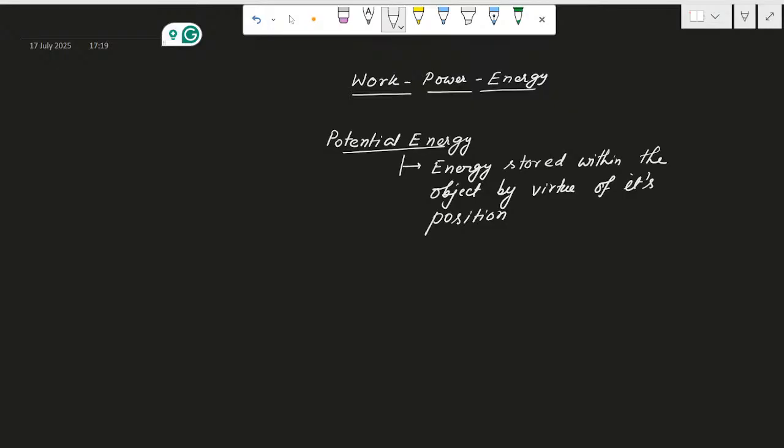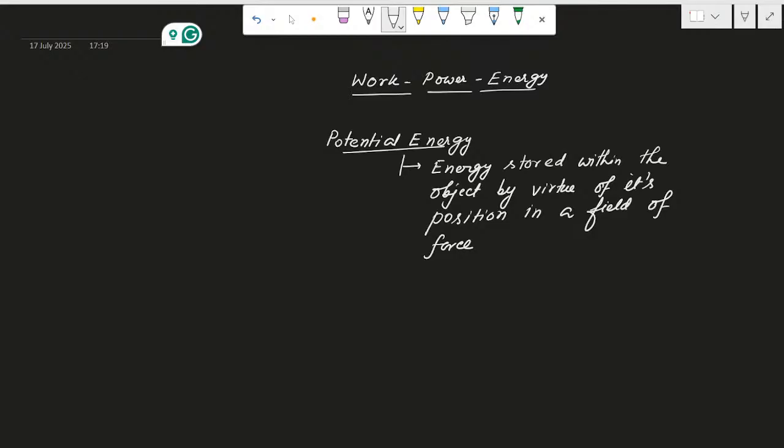That means there must be a field of force like gravitational force. Obviously if there is no force, then there is no meaning of this type of energy, because force is connected to the work done and work done is actually connected to the energy.